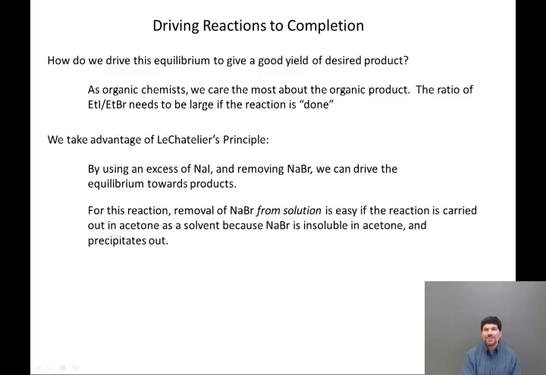Removal of sodium bromide from solution is easy if the reaction is carried out in acetone as a solvent, because sodium bromide is insoluble in acetone, and as soon as it is formed, it precipitates out of solution. Sodium iodide is soluble in acetone, and therefore it is present in solution. Adding an excess of that reagent increases its concentration in solution to further drive the equilibrium.